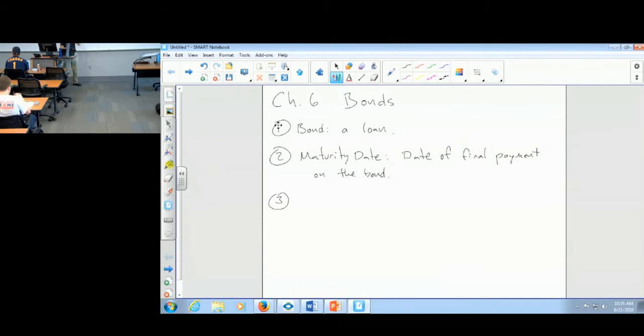Just like your car note or your lease contract, you specify a set number of payments you're going to make, and once you've satisfied that contract, you're done. We call that the maturity date on a bond.